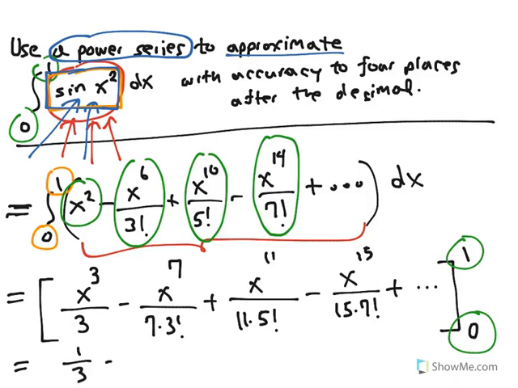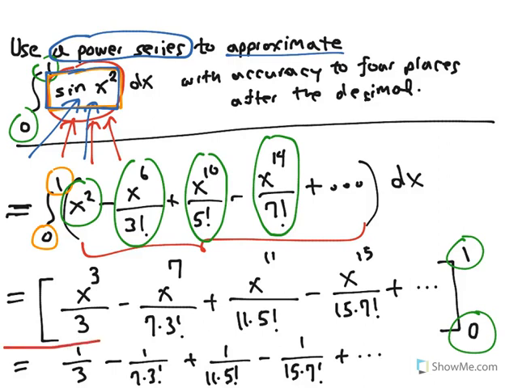So you have 1/3 for the first term, minus 1 over 7 times 3 factorial for the second term, plus 1 over 11 times 5 factorial for the third term, minus 1 over 15 times 7 factorial, plus and so on. And let me just use red here to separate the two lines there.